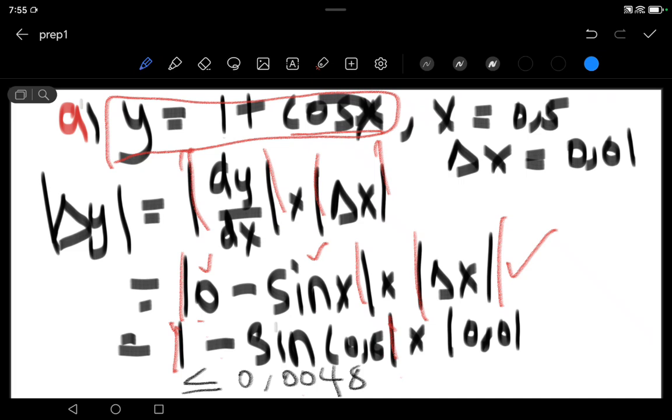So now we're going to substitute, since we already have the x value, which is 0.12. We also have change in x, which is 0.01.